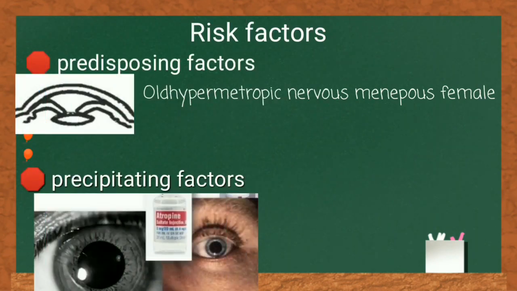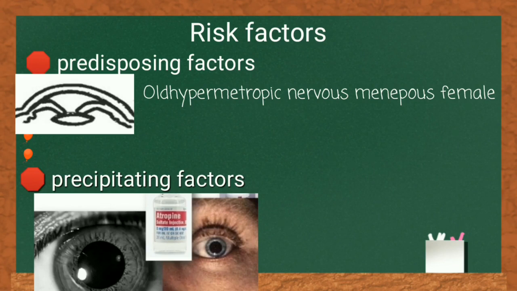What are the risk factors causing primary angle closure glaucoma? We have predisposing factors and precipitating factors. The predisposing factors are the factors that cause the disease to appear in this person but not in another person.